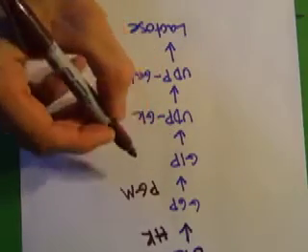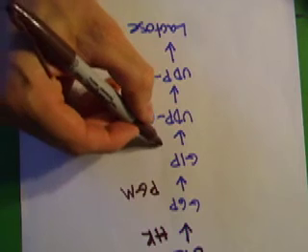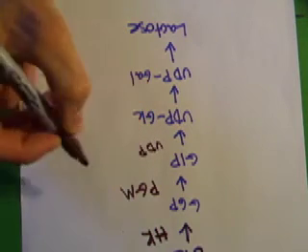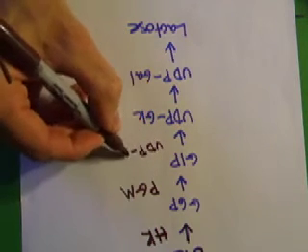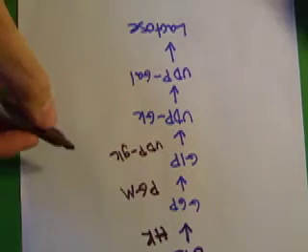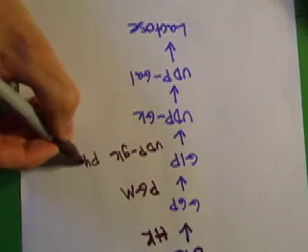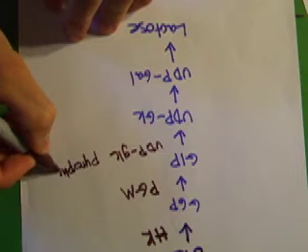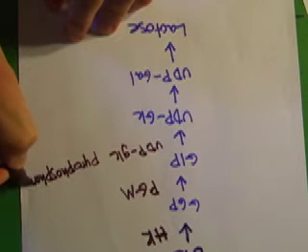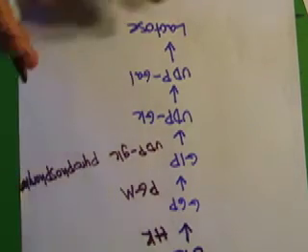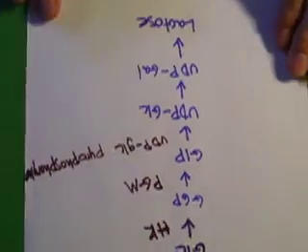So now you have G1P, and the enzyme that we're going to use next is UDP glucose pyrophosphorylase.